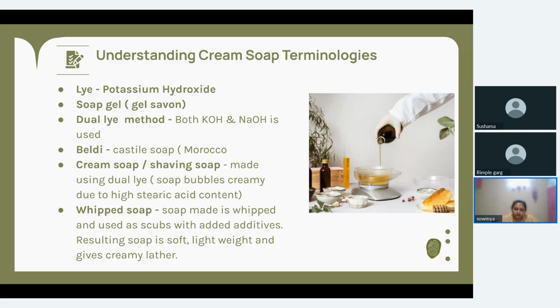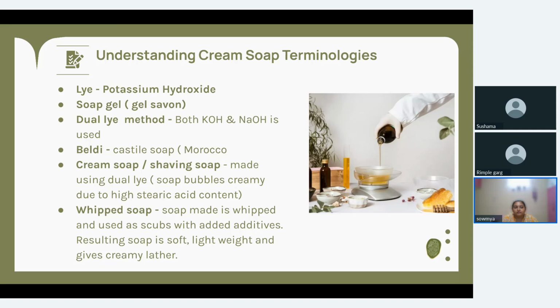When you introduce a lot of air in it, the resulting soap becomes very, very light, as if you have just kept a cloud in your container, and you can easily pipe it.